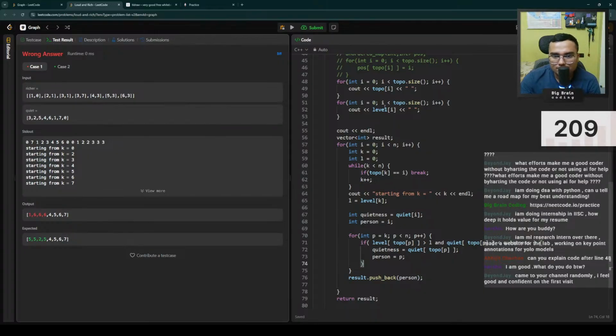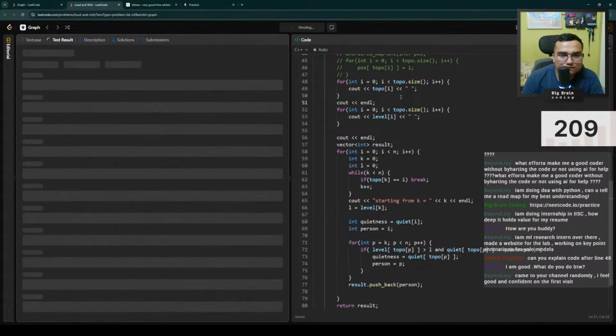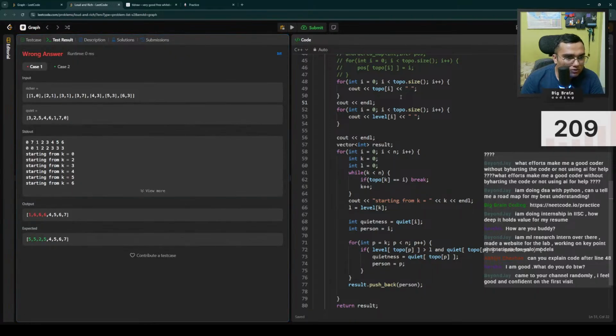Oh shit. Let's add one end line here to understand. Level 0, 1, 2, 3. Okay. Starting from k equals 0. L equals 0.